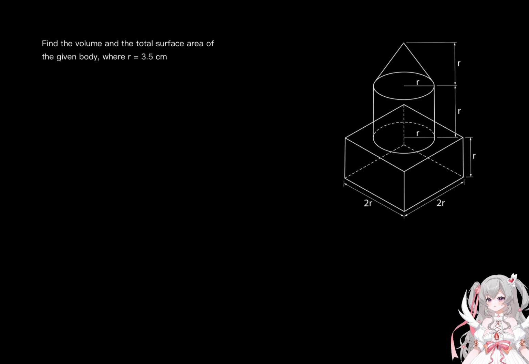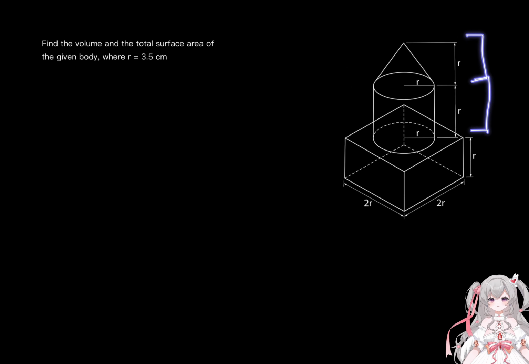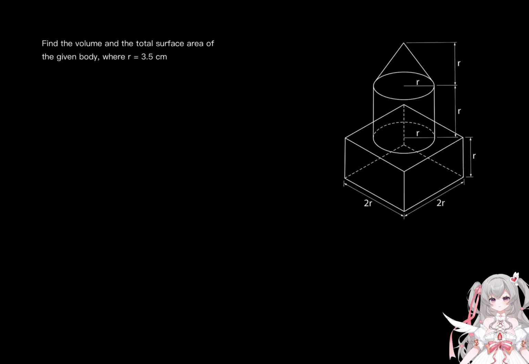So first of all, we are given a solid made up of 3 different shapes stacked on top of each other. They are respectively a prism at the bottom, a cylinder in the middle, and lastly a cone on top. Every dimension is written in terms of r.